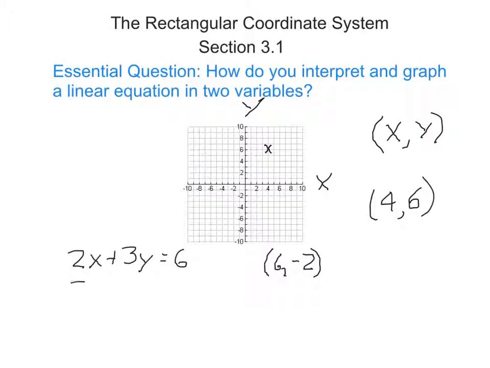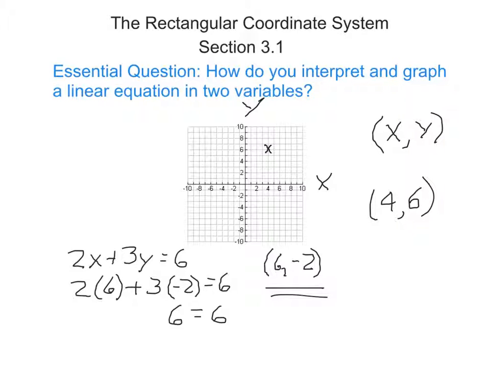That gives me 2 times 6, which is 12, plus 3 times y, which in this case is -2, and that's -6, obviously. So 12 minus 6 is simply equal to 6. And on the right side of my equation, I've got 6. So 6 equals 6, which is true. Therefore, (6, -2) is a solution of this equation.